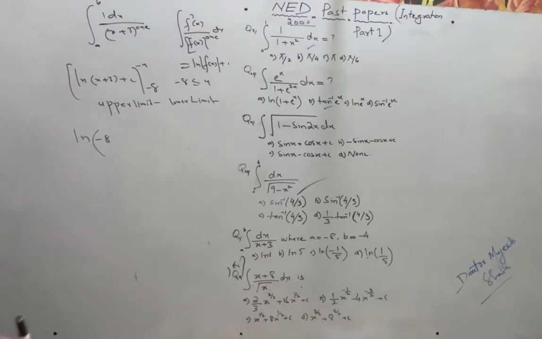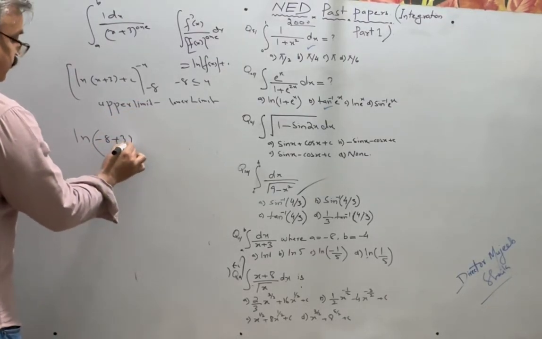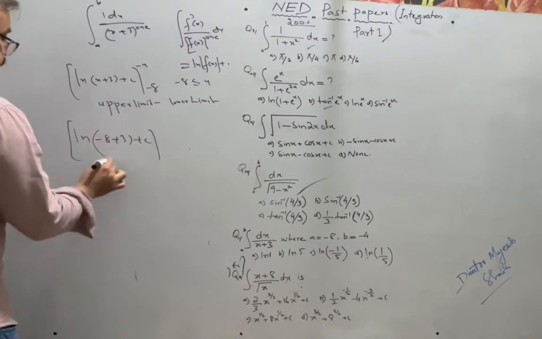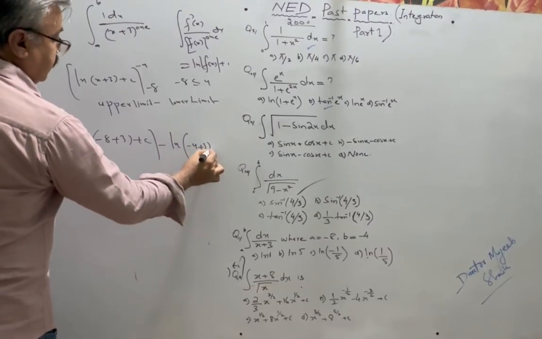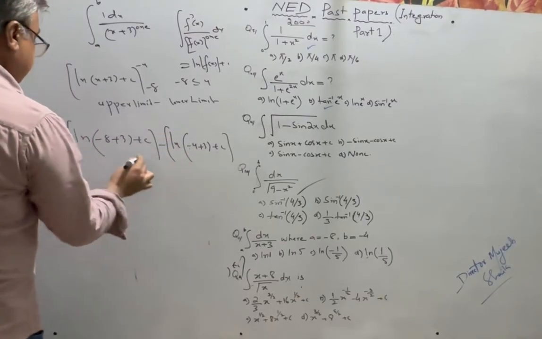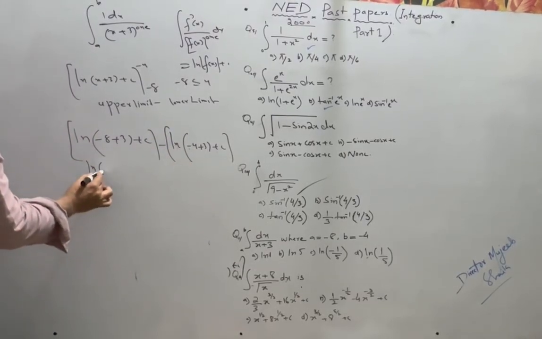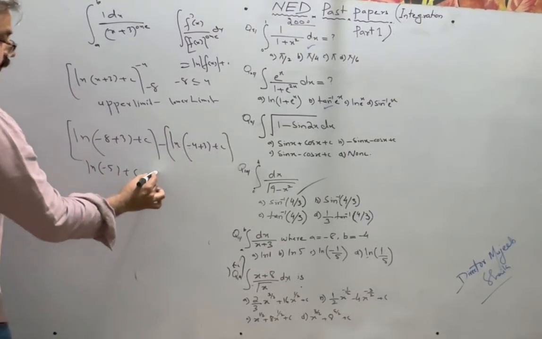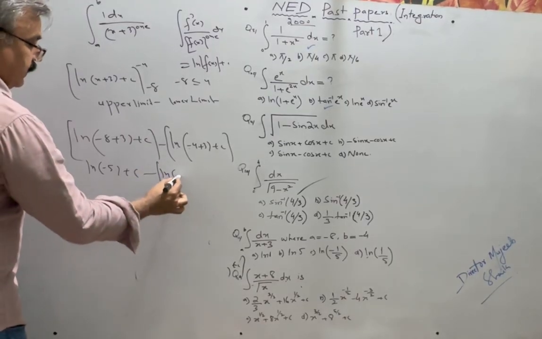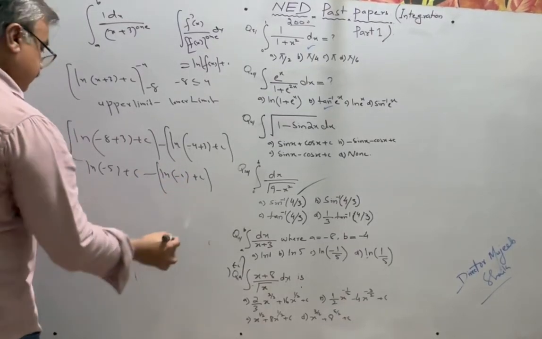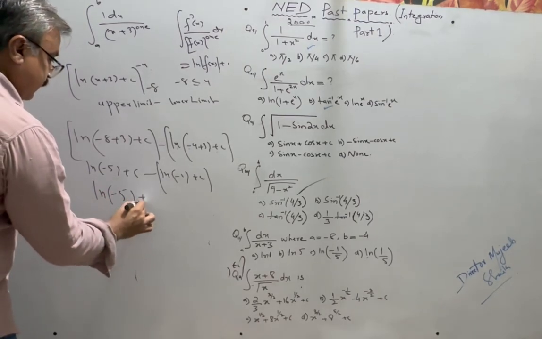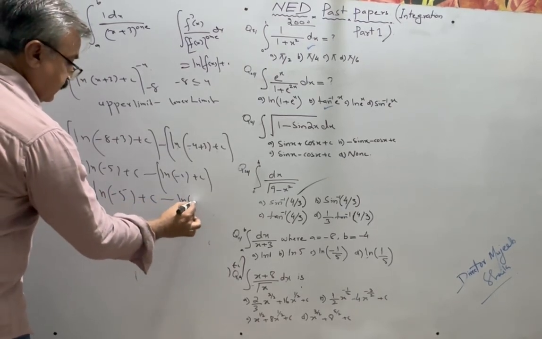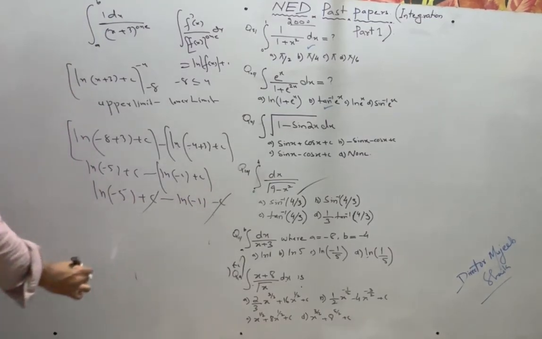Minus 8 plus 3 plus c. Upper limit minus lower limit: ln of minus 4 plus 3 plus c, minus ln of minus 8 plus 3 plus c. We are left with ln of negative 1 plus c minus ln of negative 5 plus c. The c cancelled out.